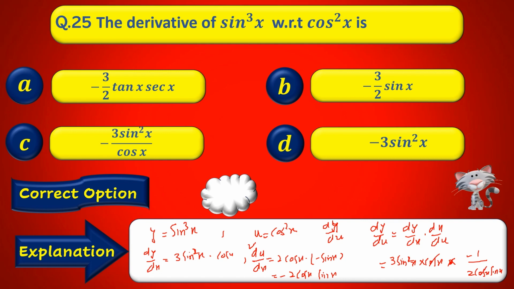Cos x will cancel each other. Sin x is also cancelled, and we are left with minus 3 by 2 sine of x. So the correct option is option B.